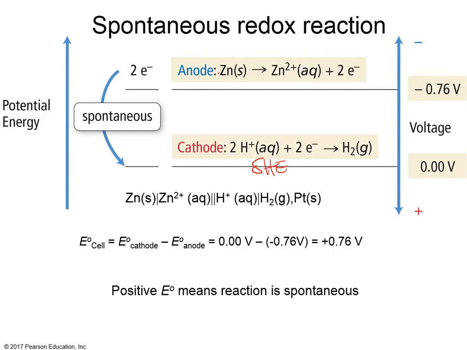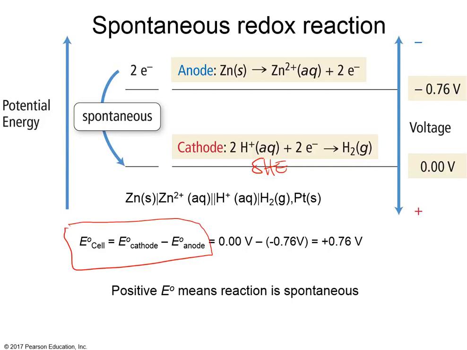So the zinc will be the anode and the SHE will be the cathode. But for that cell, we know that E cell is equal to E cathode minus E anode. So here our cathode is 0.00 V minus our anode, which is minus 0.76 V. When you subtract the two, you get positive 0.76 volts.